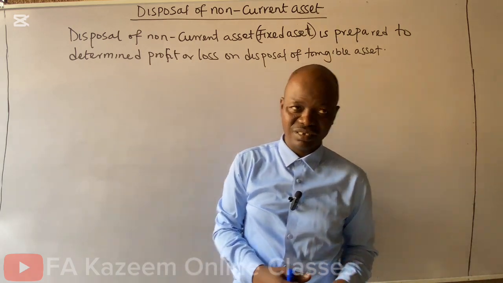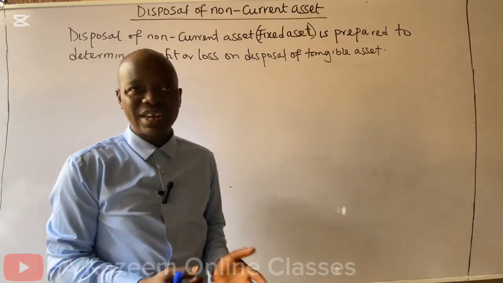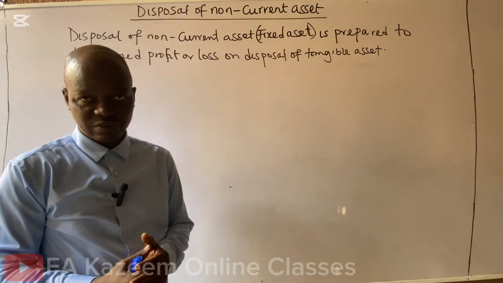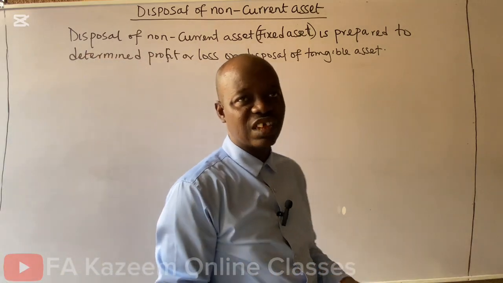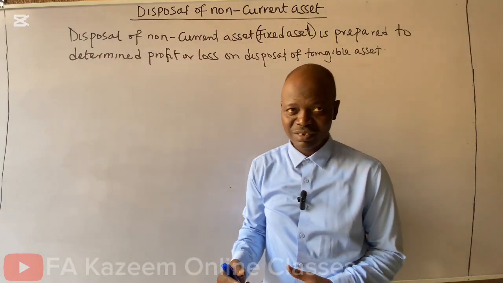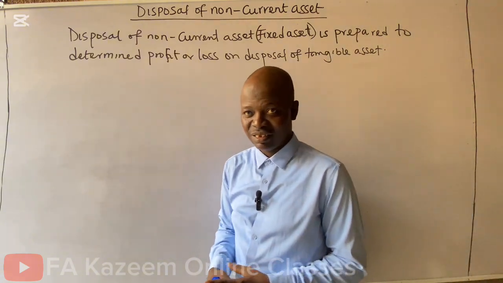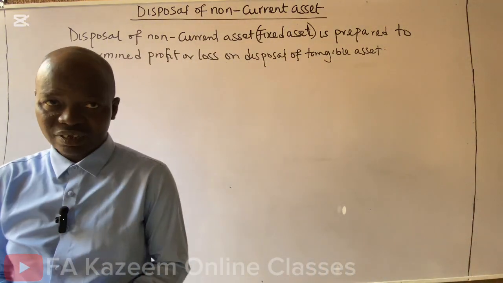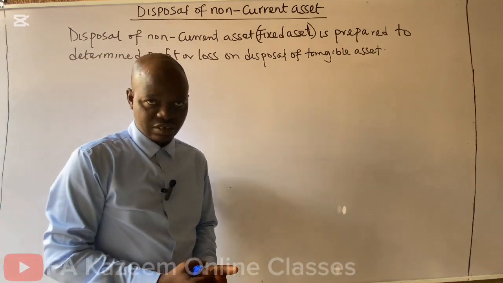It gets to a point an organization must take a decision on whether an asset should be disposed. That is one decision. Whether the asset is now disposed at profit or at loss is another decision on the side of the accountant of the company. An asset can be disposed either at profit or at loss.